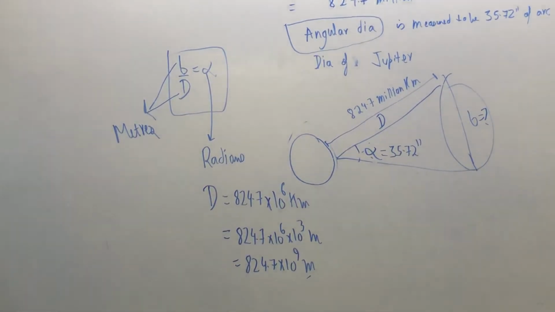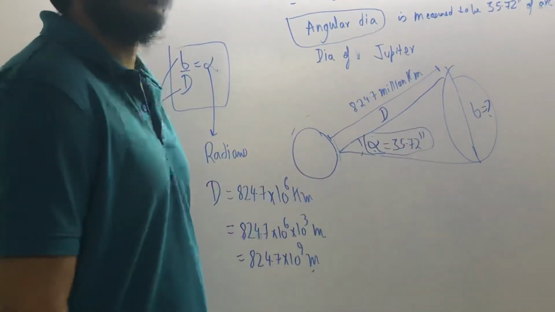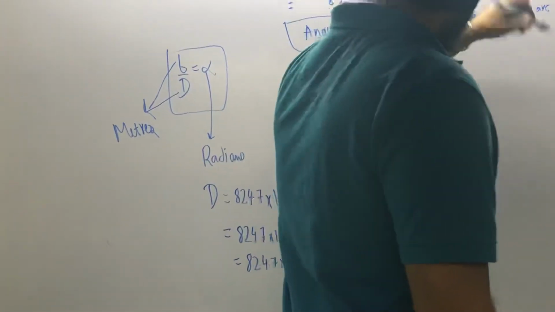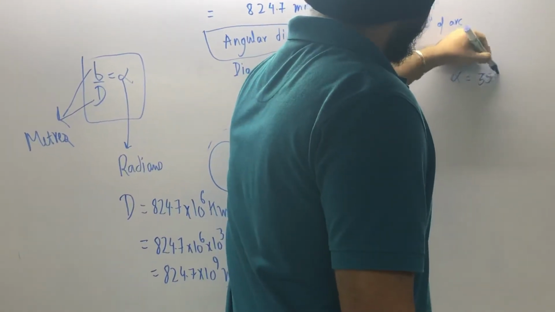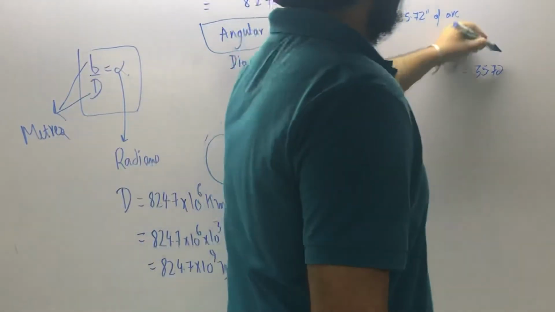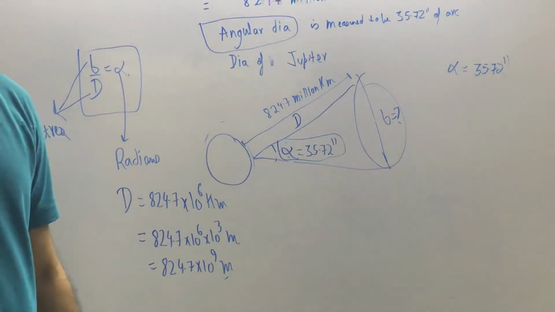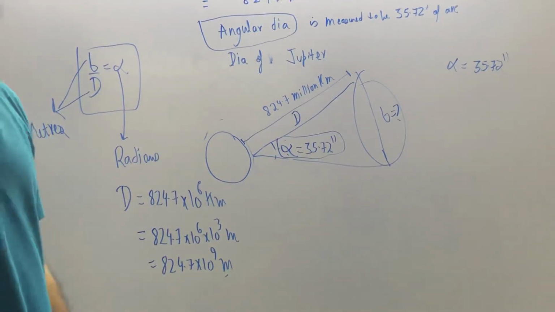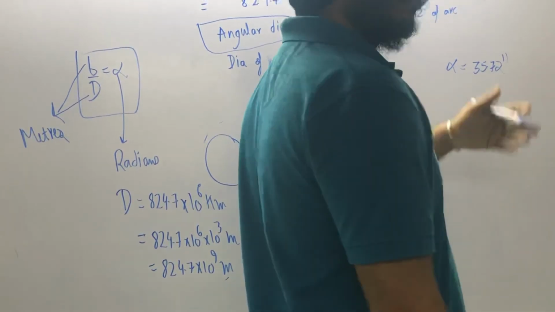Now the next thing, the angle that is given to you is given in the form of seconds, that is 35.72 seconds. So first you have to convert it into radians, because angle is always taken in radian form. So how will you do that? First of all, convert this into degrees.